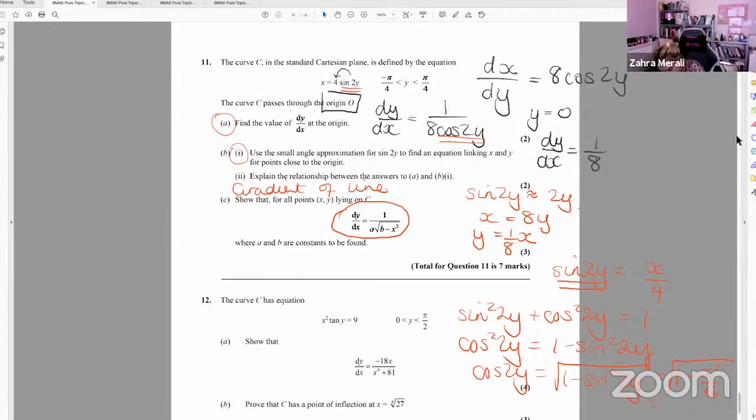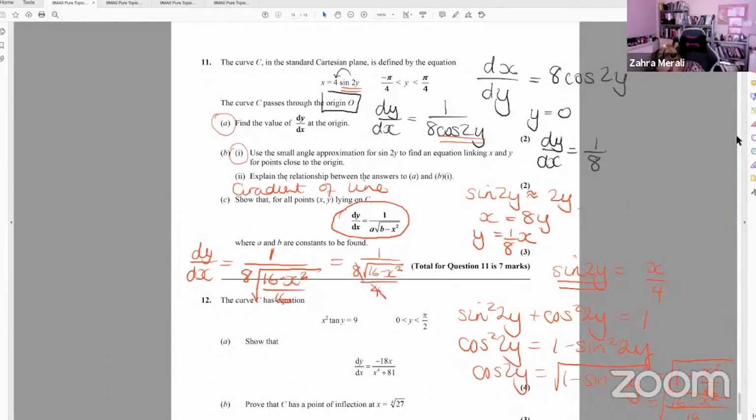Which is the same as, if I make that fraction 16 on the bottom, the square root of 16 minus x squared over 16. So dy/dx is the same as 1 over 8 square root of 16 minus x squared over 16, which is the same as 1 over 8 square root 16 minus x squared, over the square root of 16, which is 4.